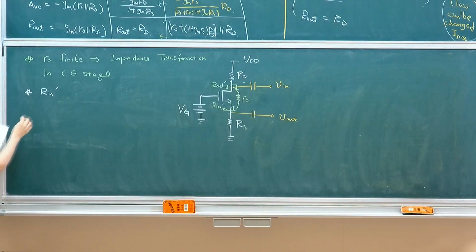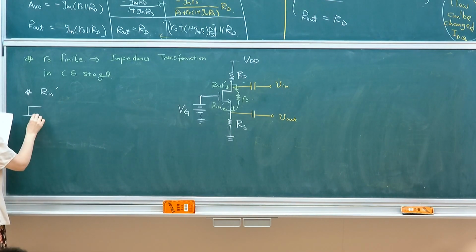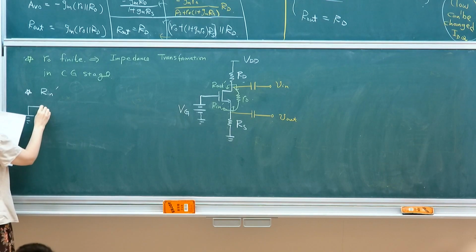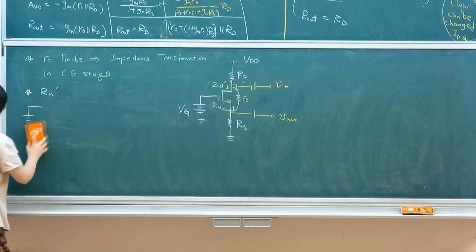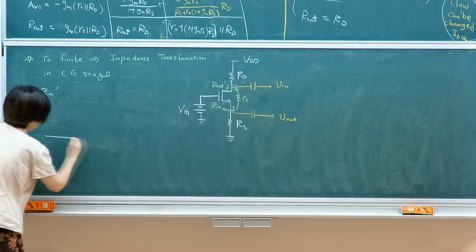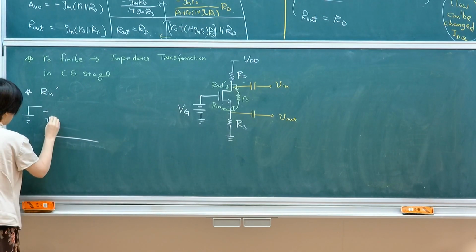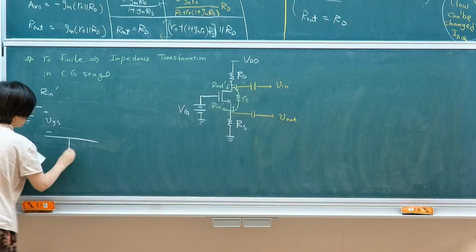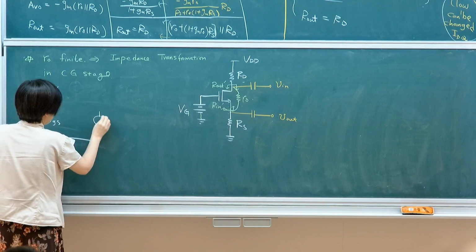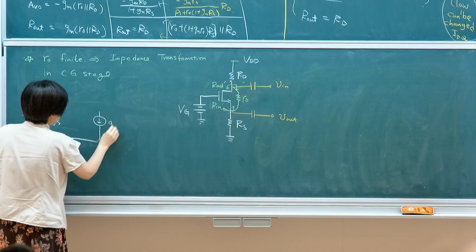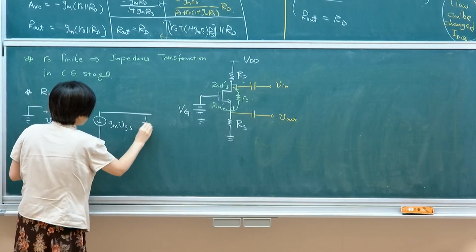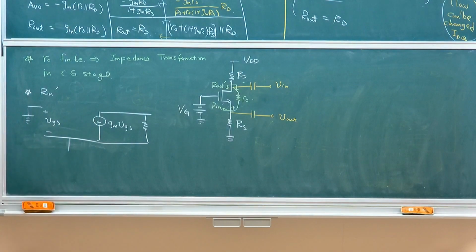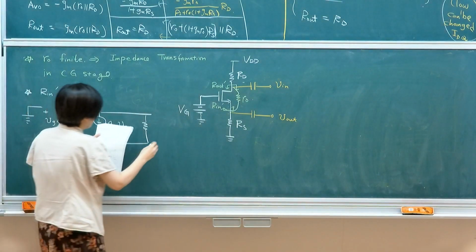For R_in prime, your equivalent circuit will be: this is grounded, gate is grounded, and this is VGS. You need to bear with me, it's a little bit tedious.